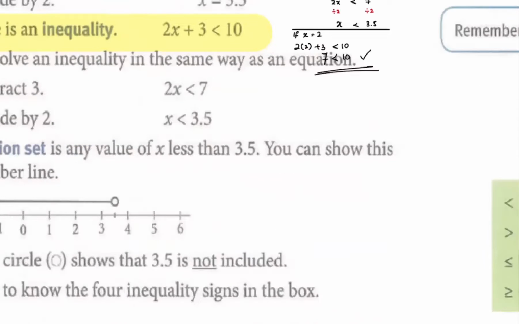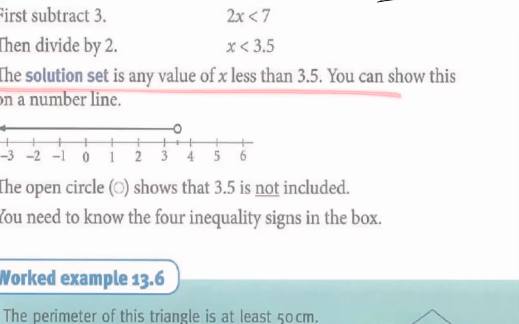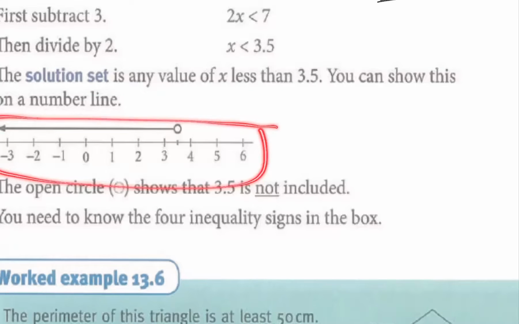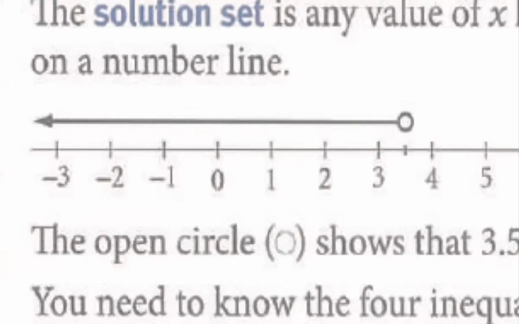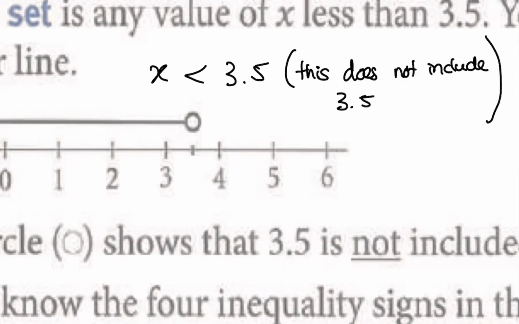If we need to draw a number line, we need to find a solution set, which gives the range of numbers that are correct. We draw it on a number line. Our answer is x is less than 3.5. This does not include 3.5, so we use a hollow circle.